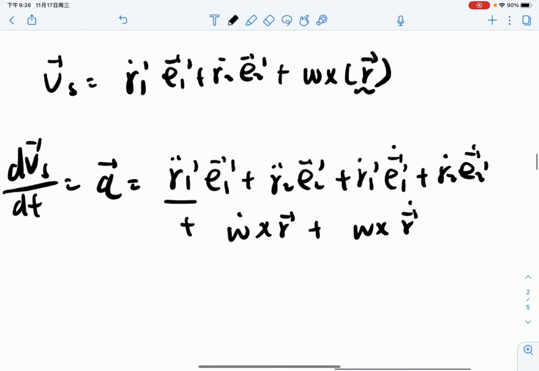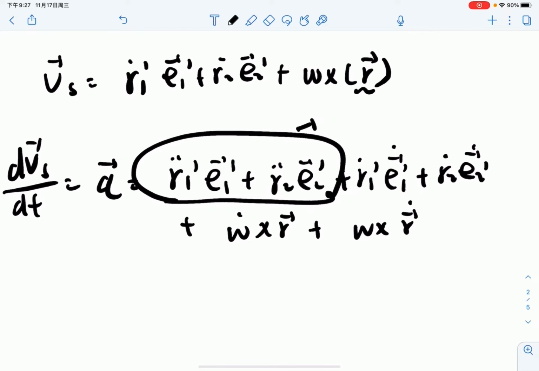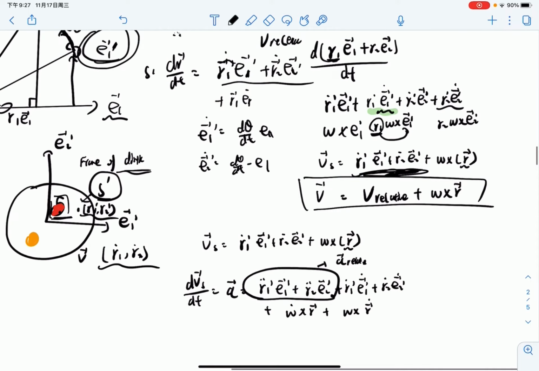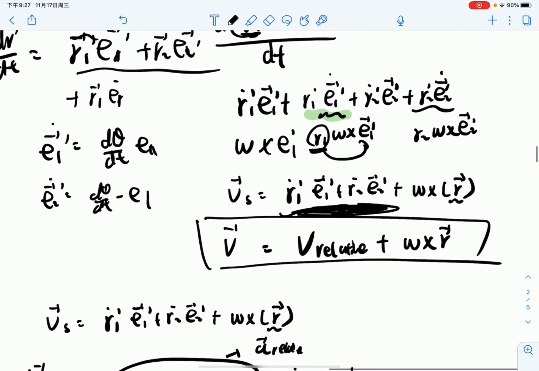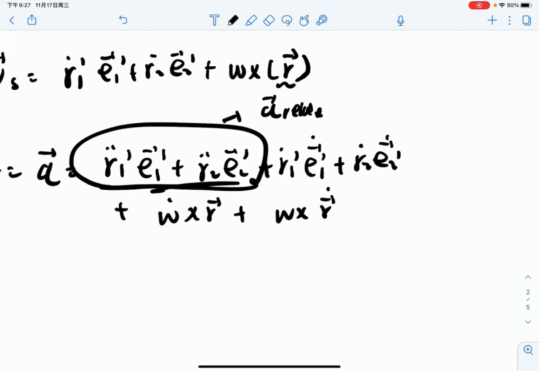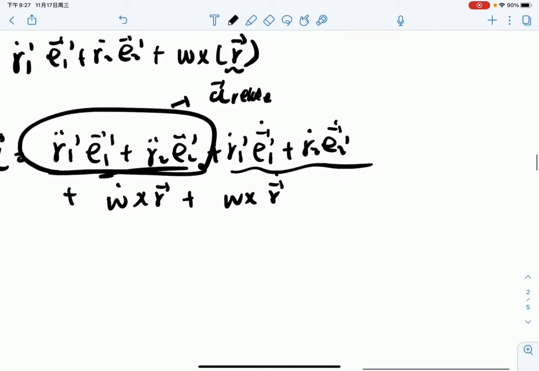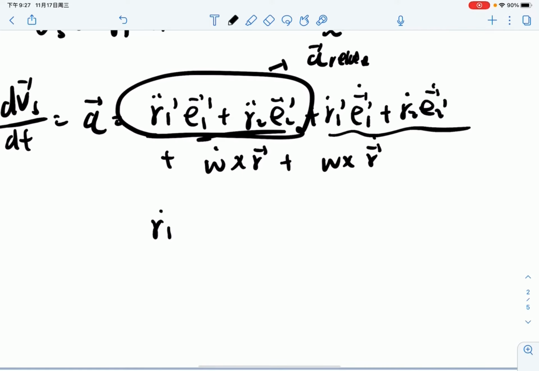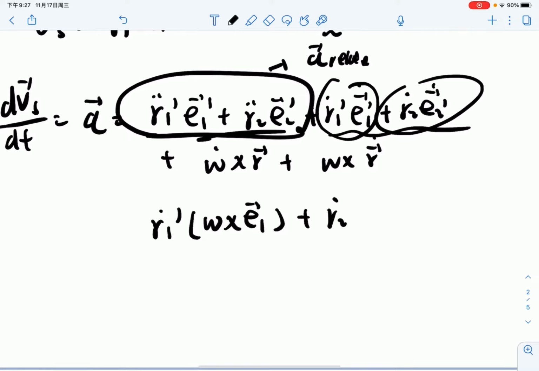Okay, it is easy to see this is just going to be a relative. We already see this is relative over here. And for this term, this is just going to be R1 dot times W cross E1, plus this term, which is R2 dot times W cross E2.